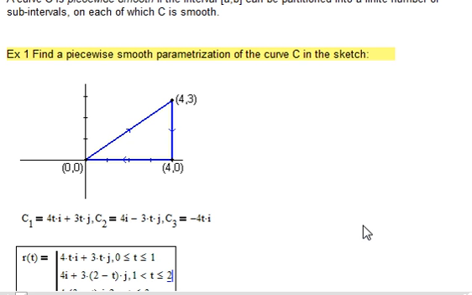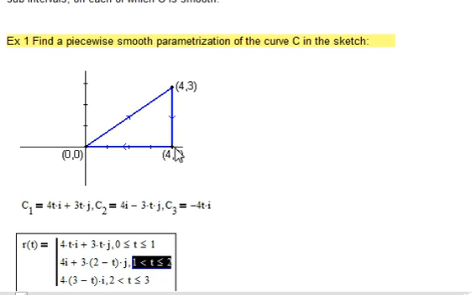This is time units. It could be seconds or minutes or hours or whatever, but if we start at t equals 1, then that's 3 times (2 minus 1), which is 3 times 1, which is 3. And working our way down to when t equals 2, we want that to be 0. So when t equals 2, we got 3 times (2 minus 2), which is 3 times 0, so we got 0j. So there's that part, t going from 1 to 2.